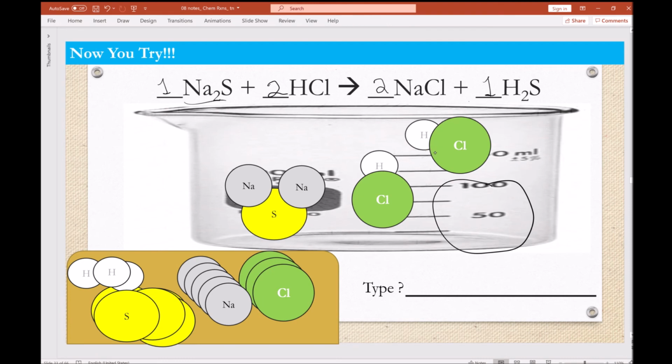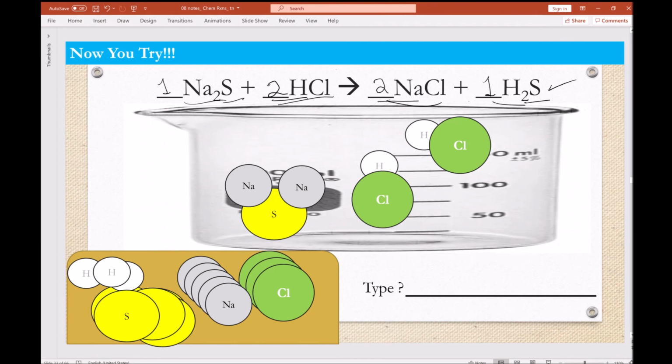So 2 sodium, 2 sodium, 1 sulfur, 1 sulfur, 2 hydrogen, 2 hydrogen, 2 chlorine, 2 chlorine. It is balanced. So that's another way that you can think about solving or balancing a chemical equation. So draw your models first and see how many reactants you need and how many products you can form.